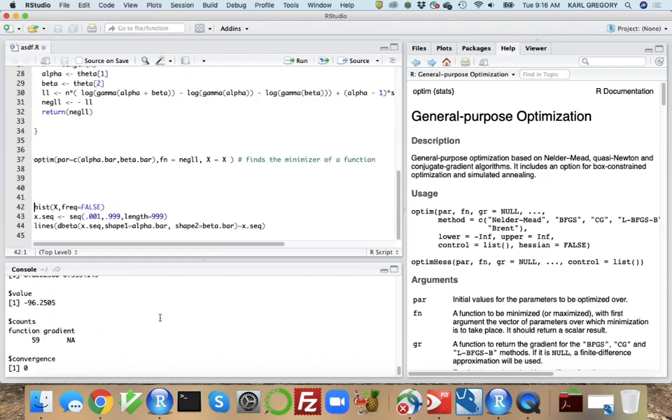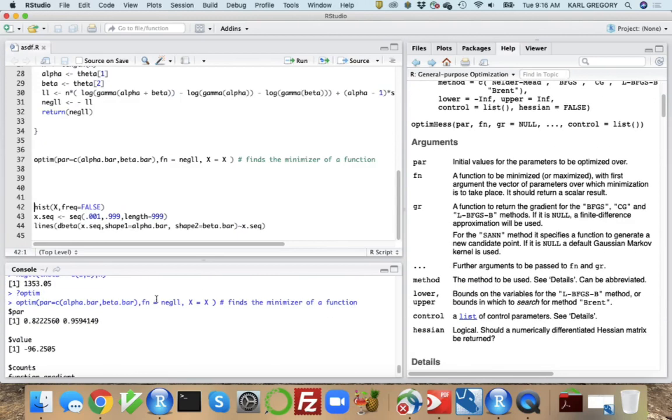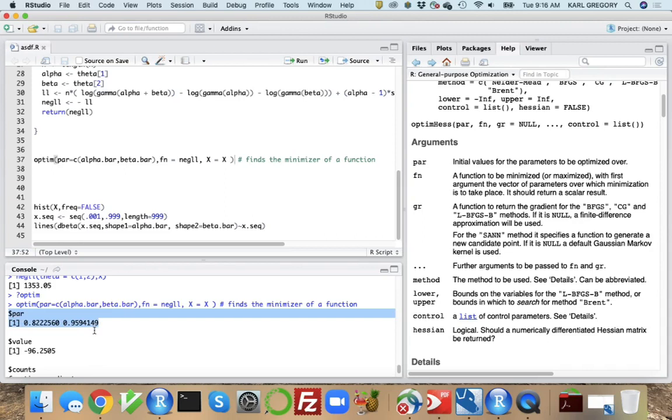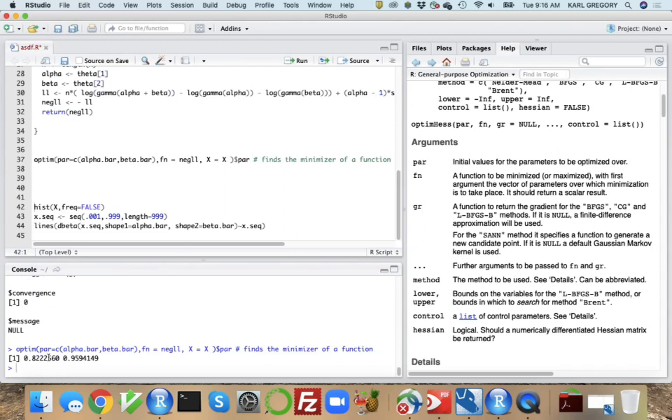So I get a bunch of output from this. And if you read more about the documentation, this set of output includes the actual maximum likelihood estimators. So if I want to pull this from the function without getting all this other output, I can do $par, and now I get those two values.